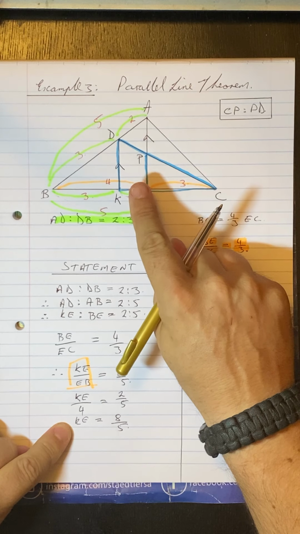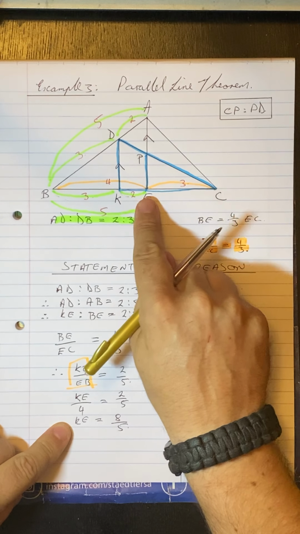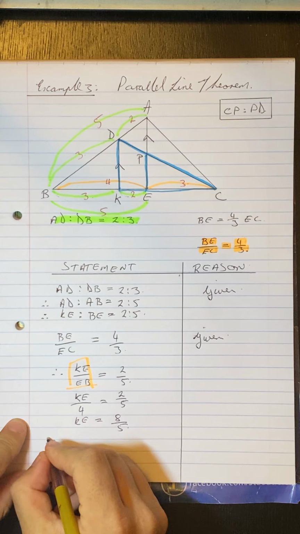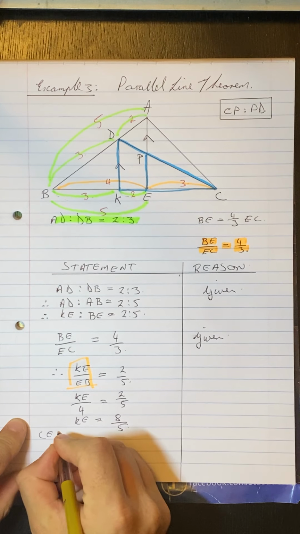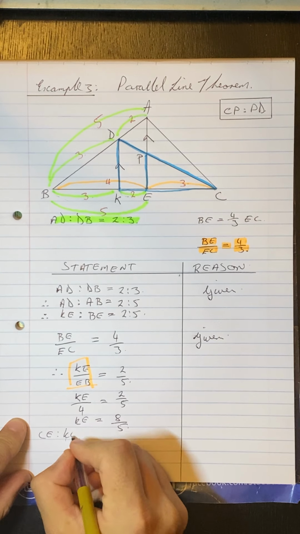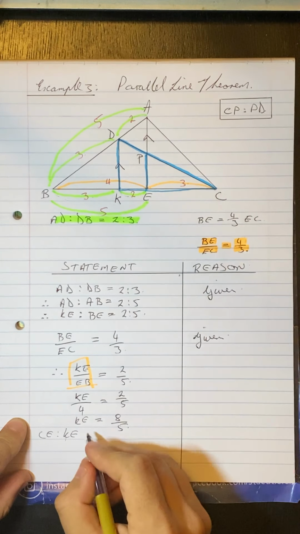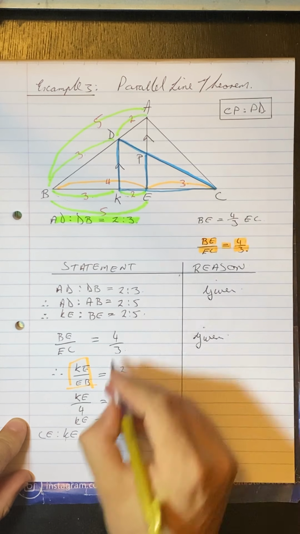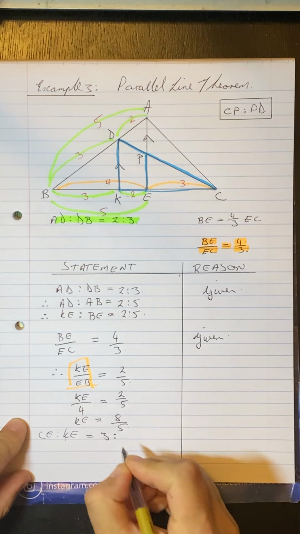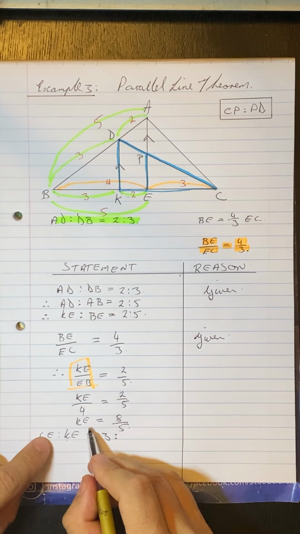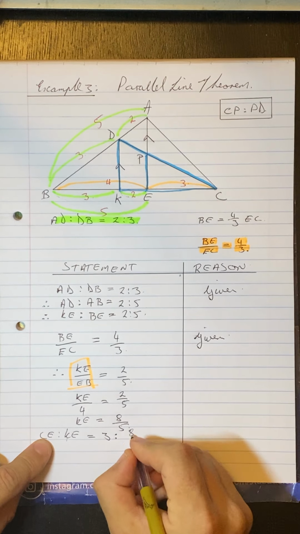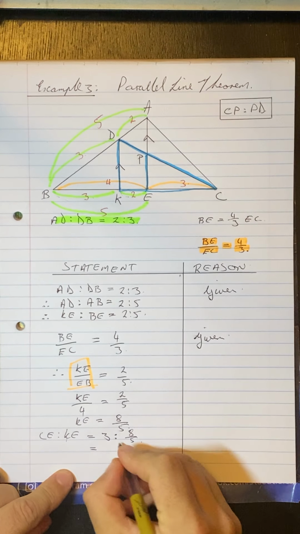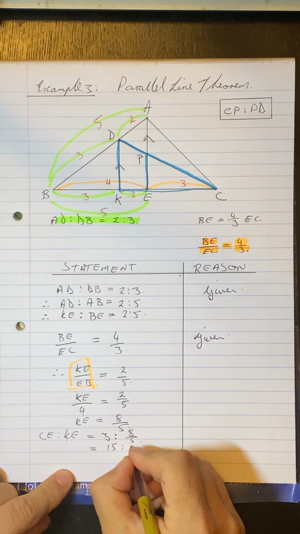We now know we have this to this for the orange. So now we know that CE to KE will be equal to, our CE is 3, to this 8 over 5 that we just worked out KE to be, which gives us 15 to 8.